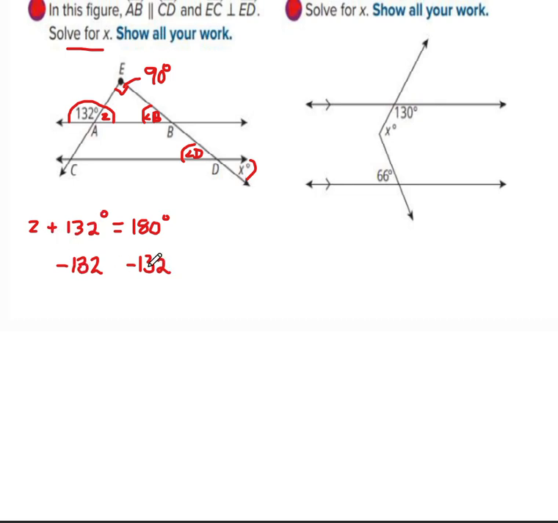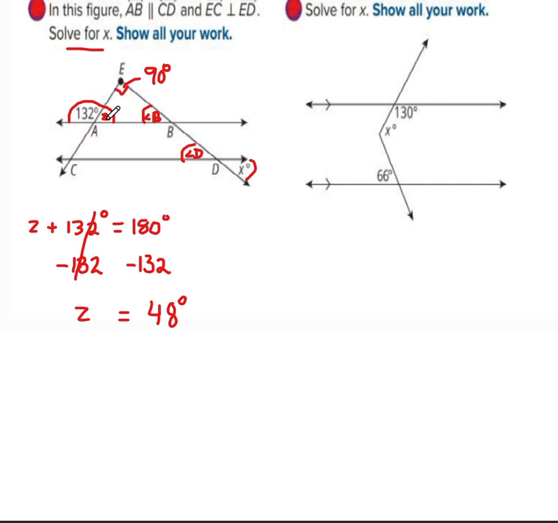So we're going to subtract 132 from both sides, so it will be gone on the left side, leaving us with Z only, equal to 180 degrees take away 132 degrees. So 180 take away 132 is going to give us 48. So 48 degrees is angle Z. That's the angle right here.